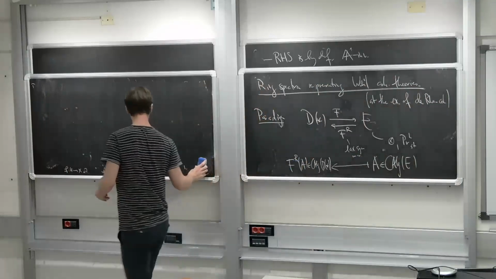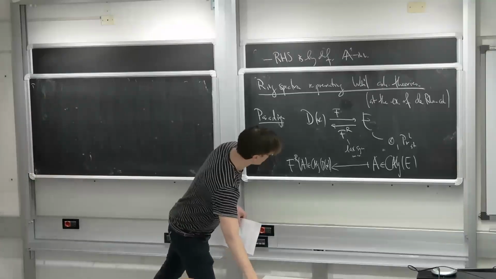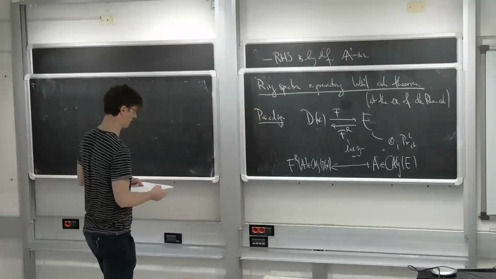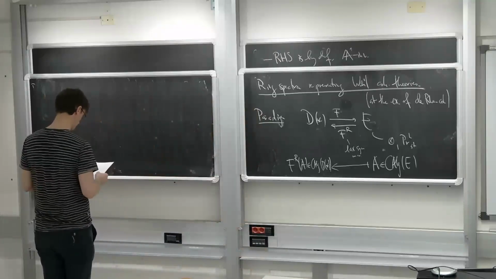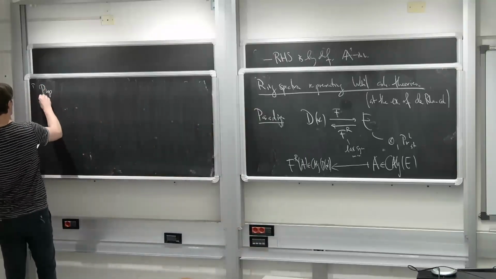D again in SH, and this category E will be the category of complex vector spaces, and this functor F will be the so-called Betti realization. So here's the statement.